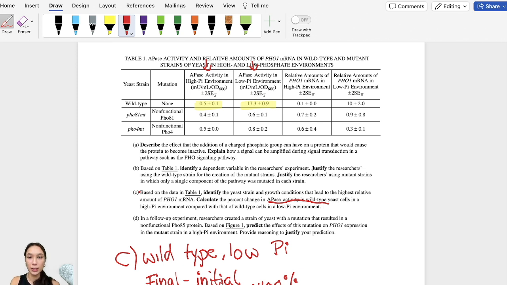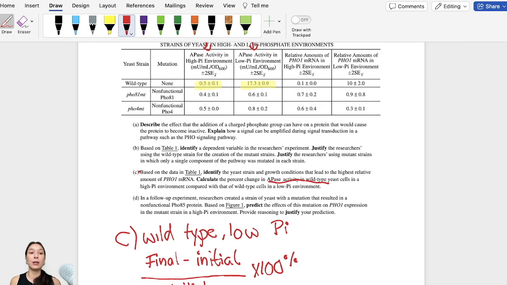In these cases, you're not taking the same yeast, putting it in a high PI environment and then putting it in a low PI environment. These are separate yeast. They would be flasks or whatever. So you don't technically have a final versus initial. You have two separate measurements. Hopefully that makes sense. So in this case, you can't really tell which one is the final and the initial.